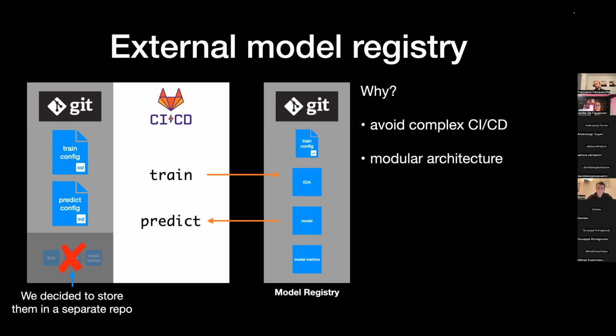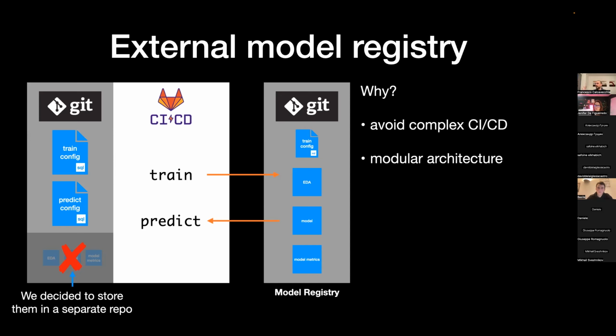And also, I think it's better because it promotes a more modular architecture. This is not the case for our project, but once you have this model registry as a separate entity, it means that if another team in my company needs to produce churn scores, maybe on a different set of input data, they can take our model very easily.